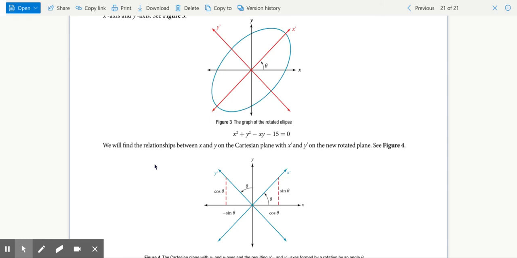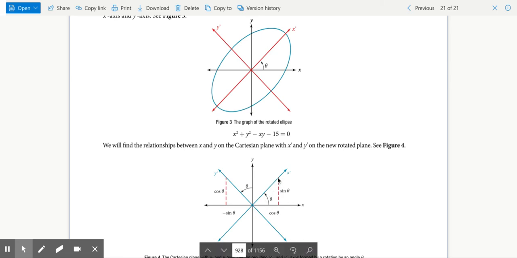So if we look at this diagram, and we've talked about this back when we did all that stuff with our unit circle and our sines and cosines. If I have this theta here, then this distance is going to be sine theta times this distance.